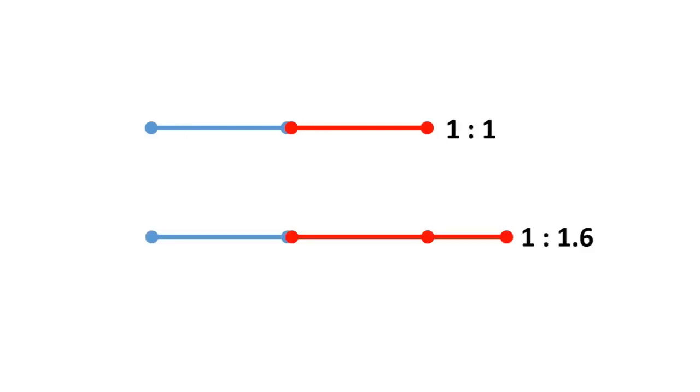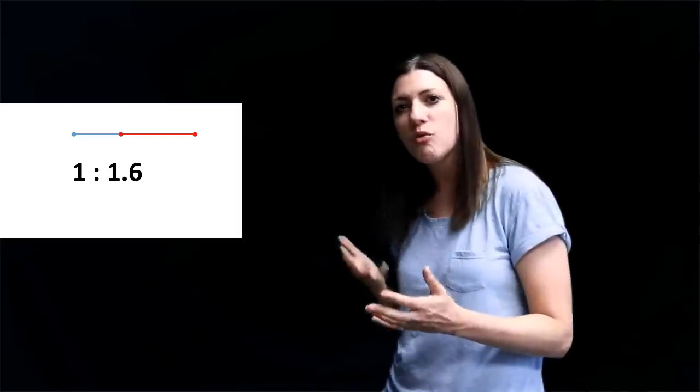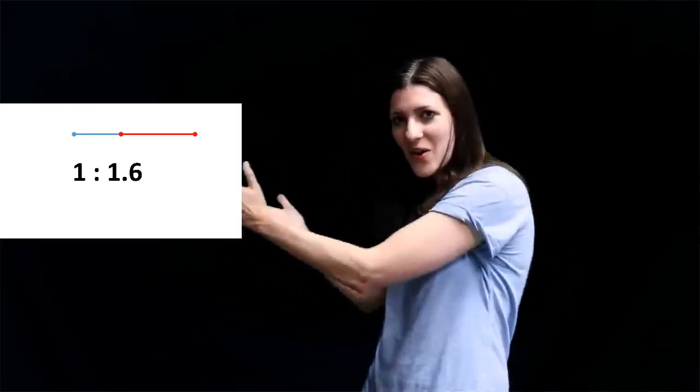Now, to help give you an idea of what a 1 to 1.6 ratio is, compare it to a 1 to 1 ratio. So to make a 1 to 1.6 ratio, you just envision a little more than half of the initial line added to the line of the other side. All right, so this ratio of 1 to 1.6, and this is the ratio that's called the golden ratio.